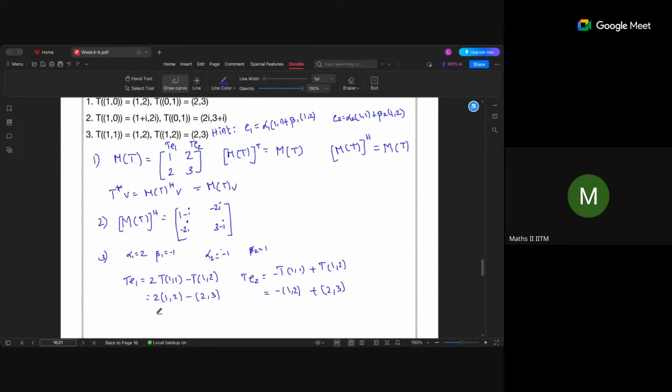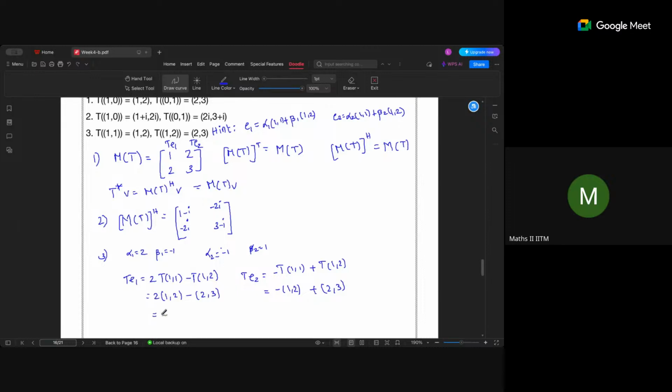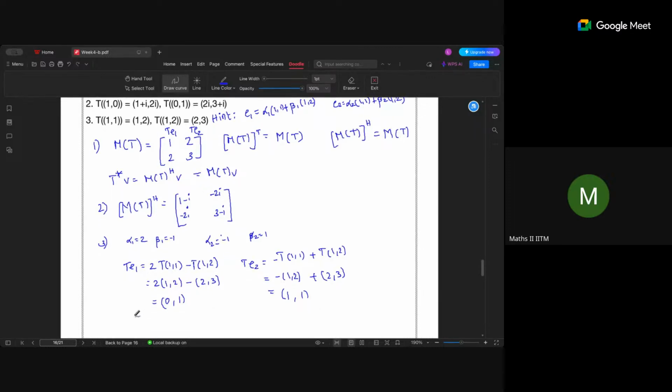So did you all get the same answers? Here 2 minus 2 is 0, 4 minus 3 is 1, and here you will get (1,1). Did you all get the same answer? So you know what Te1 and Te2 are. Now what is M of T? M of T is 0, 1, 1, 1. And what is M of T H? What is the answer?